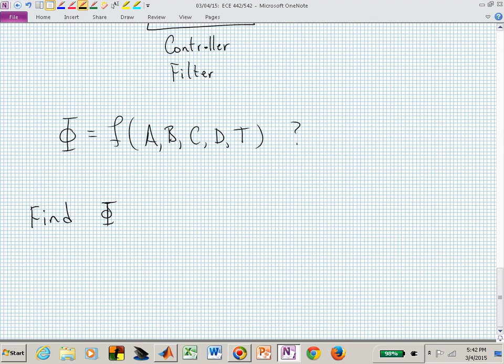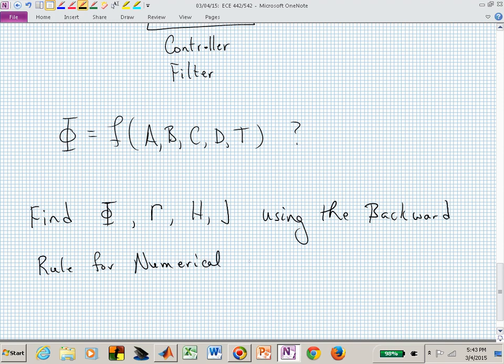You know where phi is hiding. You know what that is based on your homework assignment, but I want you now to derive phi, gamma, h, and j using the backward rule for numerical integration.